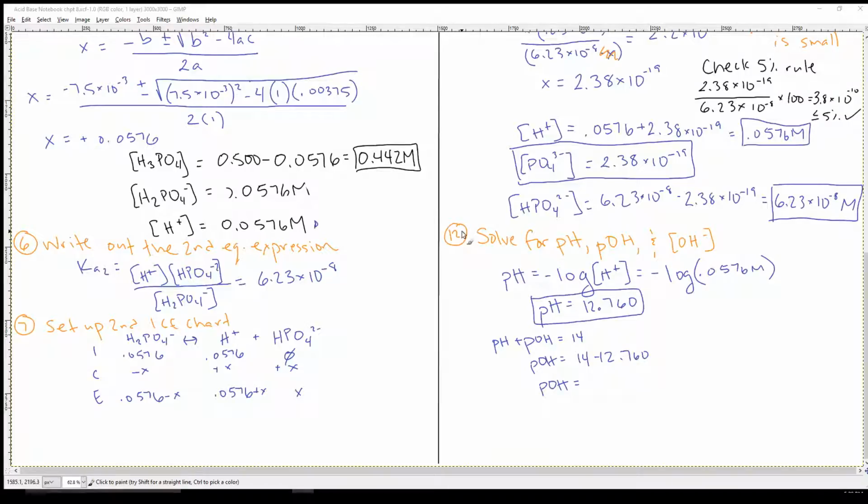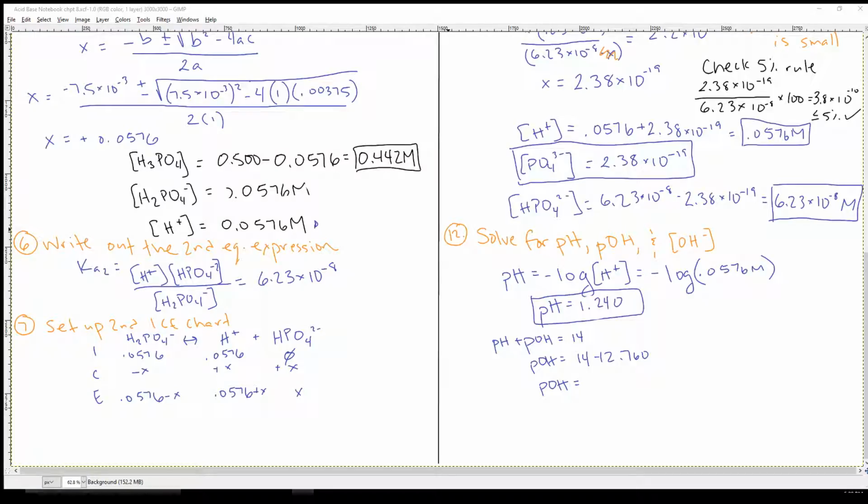Oh, dang it. You know what? This is the problem with me doing the work ahead of time and reading it. I scramble things, so I apologize. I can hear you making fun of me now. Let's try that again. Your pH comes out to 1.240.